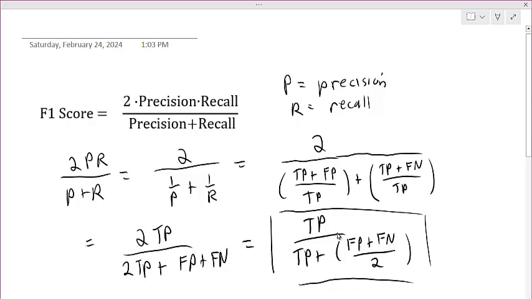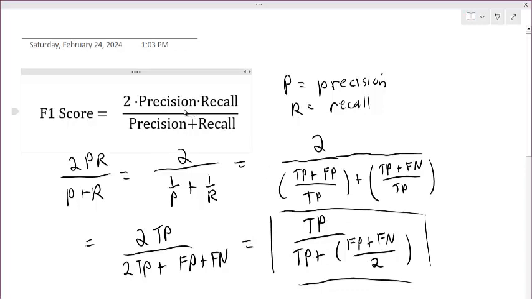Instead of taking true positive over true positive plus false positive, which would be the precision, and instead of taking true positive over true positive plus false negative, which is the recall, you're basically taking the average of the false positive and the false negative. So it's kind of taking something in between.